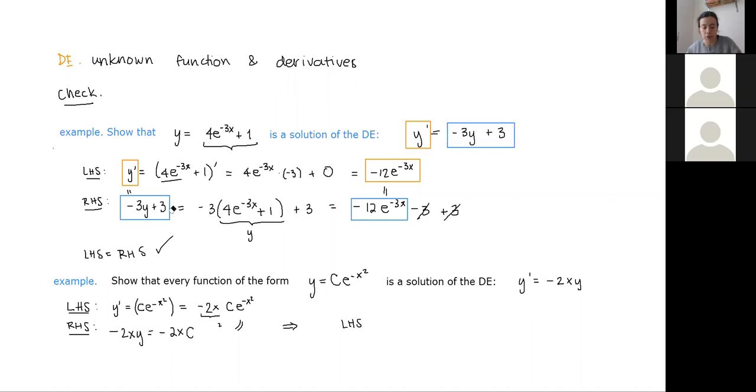So the left-hand side is equal to the right-hand side, and this is a solution of the differential equation.